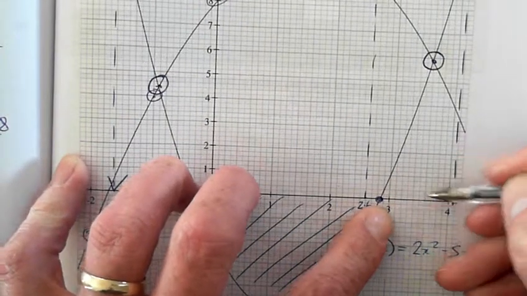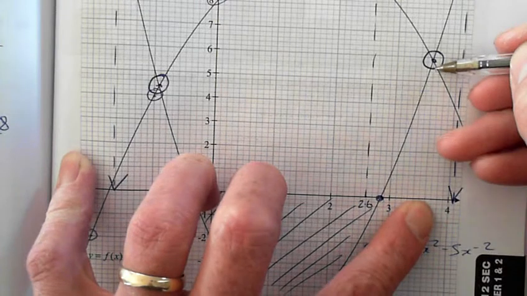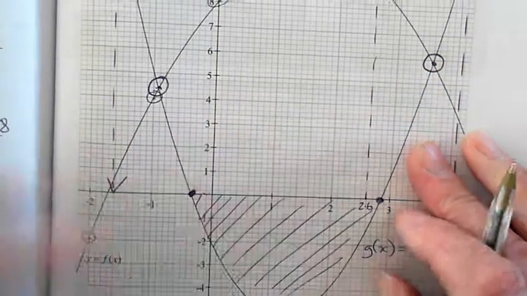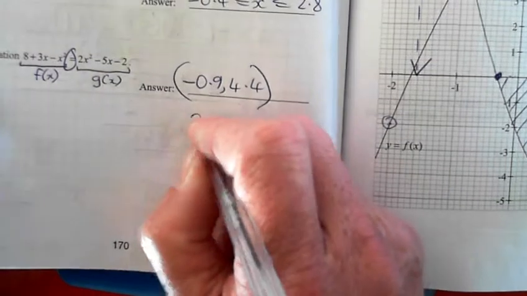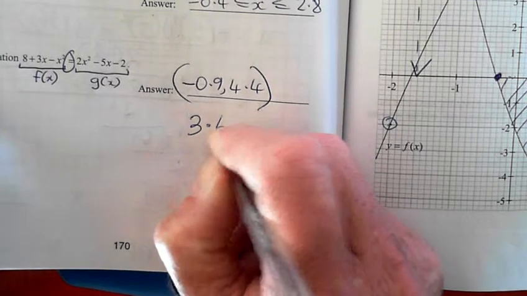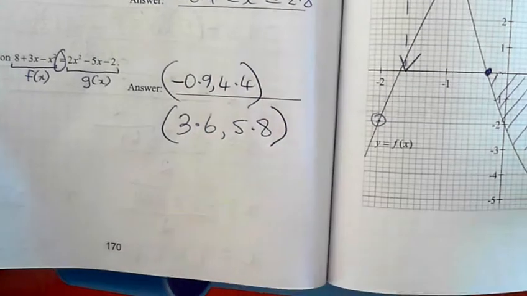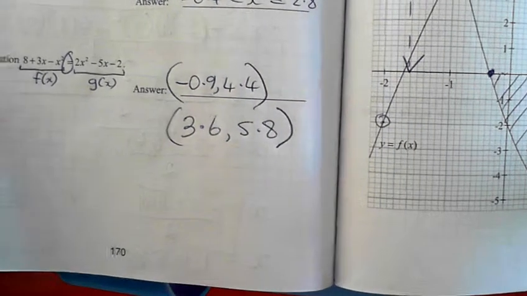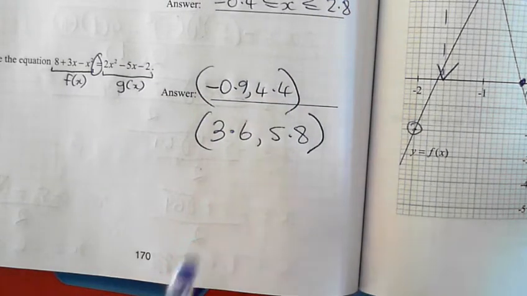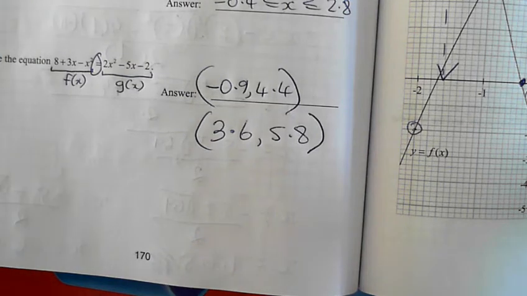So up here it's 3.6 and up to 5.8. So the other point is, I'll write it underneath, 3.6, comma, 5.8. Yeah, 2 points, where the 2 lines cross each other.